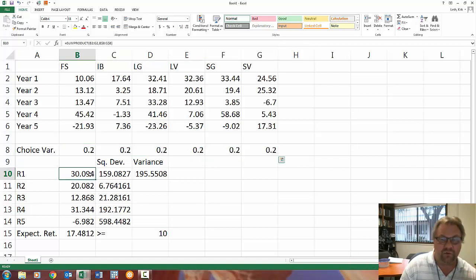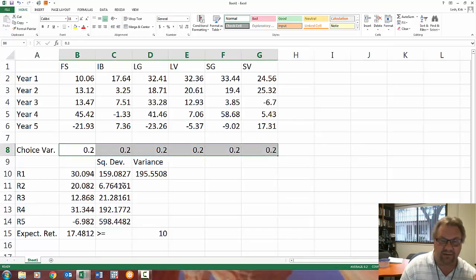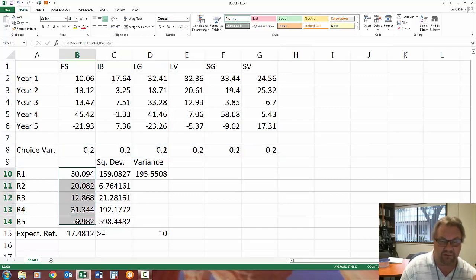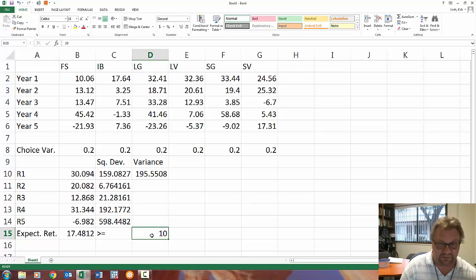Okay. So my point is, here are my choice variables. These choice variables will determine my returns, right? I don't need all the variables that your author is talking about. Your author's putting in R1 through R5, and I don't even know what some of his choice variables are. Okay, you don't need them.